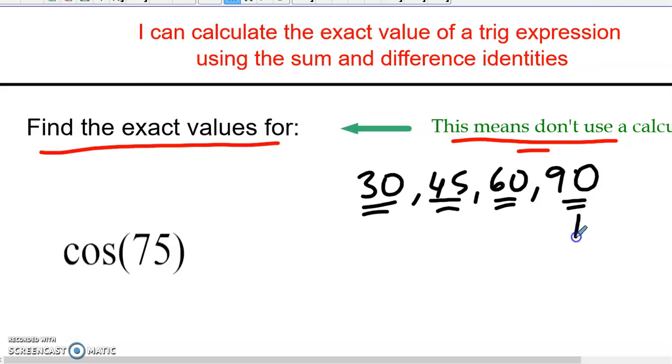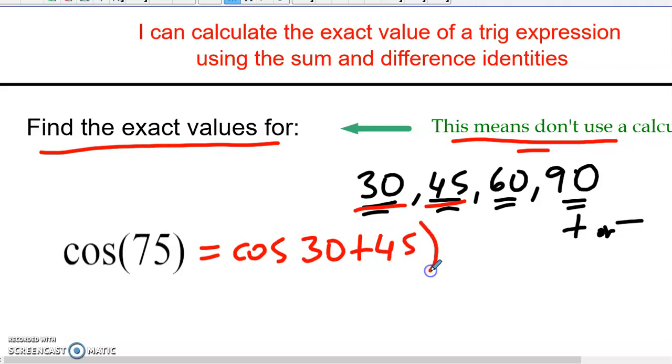So using the operations plus or minus, how can we get 75 degrees? Which one of these could we use? And one thing I can see right away is if I had 30 and 45 and I added those, then I could get 75. So I rewrite this as cosine of 30 plus 45.